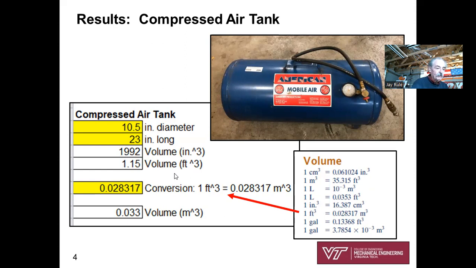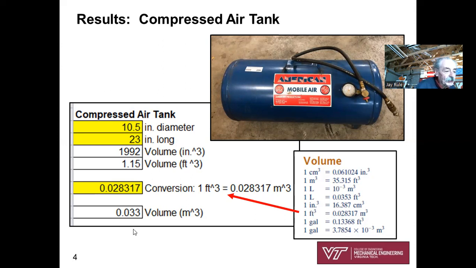I should give you a physical feel for that. How much is that in cubic meters? You're going to be dealing so much with cubic meters in this class. Well, I'm going to go to this table of conversion factors, and I'm going to write down that there are 0.028317 cubic meters in 1 cubic foot. So I wrote that down, and I'm going to do the math here in Excel.